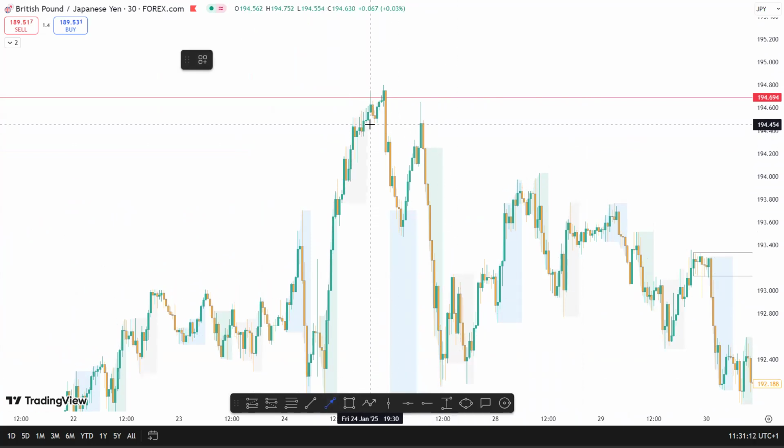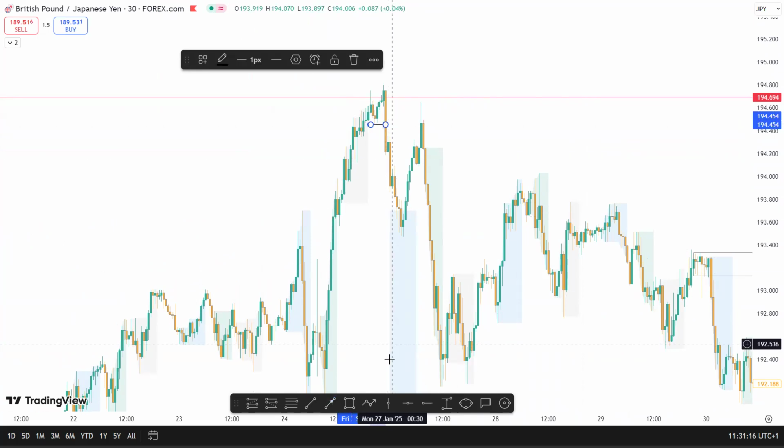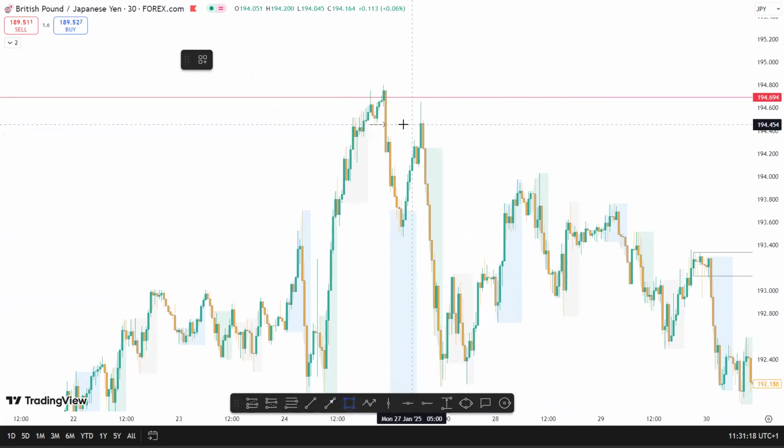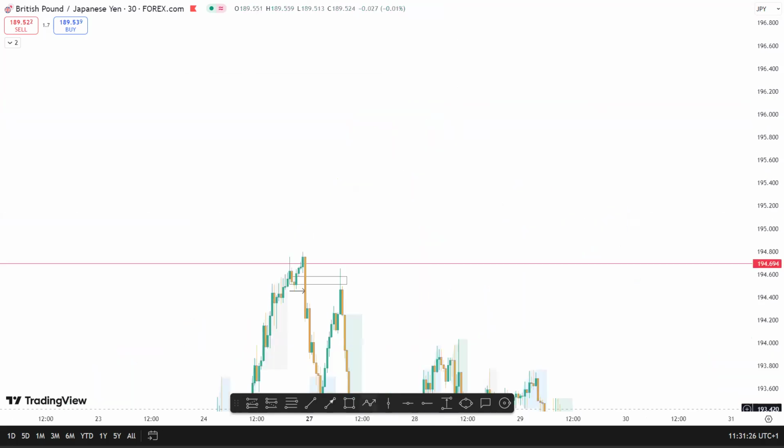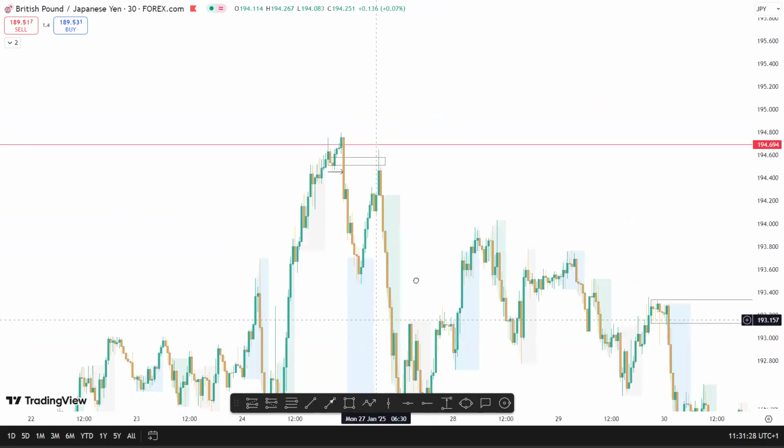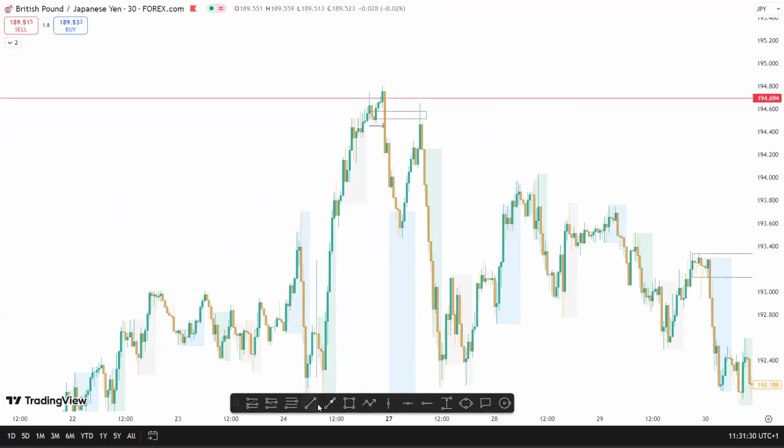I believe you can also see the same thing on the 15 minutes, probably, I'm not sure. Broke it, then used this breaker block. And then this is the liquidity protecting that zone for me.